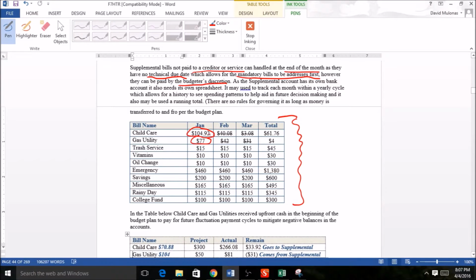So what has happened here is that in February and March, both of these bills needed more money pushed into their accounts to cover them. So we took out $40.08 and $3.08 in March, and the tracking balance now is at $61.76 and $4 respectively for gas utility.